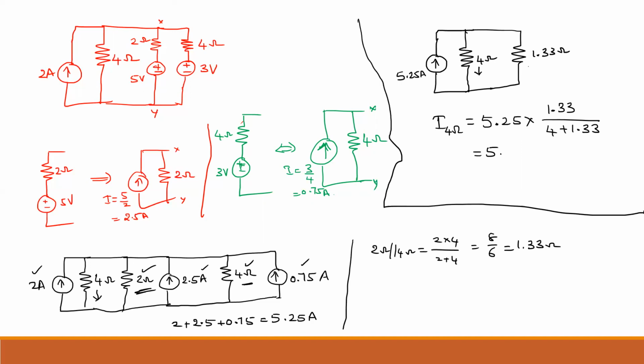You will get 5.25 into 1.33 divided by 5.33. So I4 ohm is equal to 1.31 amperes. This is what you are going to get. I4 ohm is 1.31 ampere.